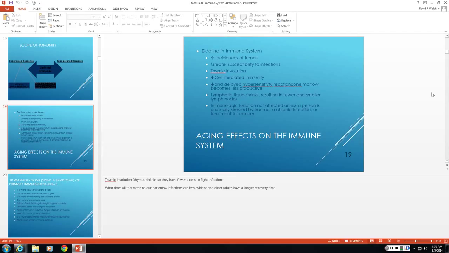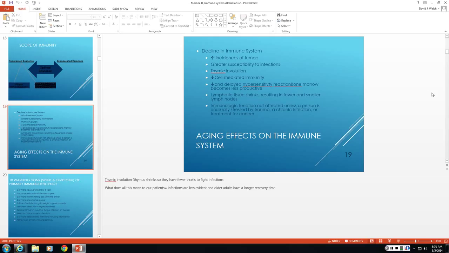So, effects of aging on the immune system. Basically, you're going to have a decline in the immune system. So, you're going to have a greater incidence of tumors. They're going to have a greater susceptibility to infections. Basically, your thymic involution, which is where your thymus shrinks, so they have fewer T cells to fight infections.